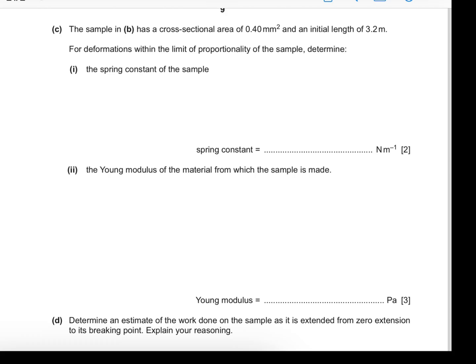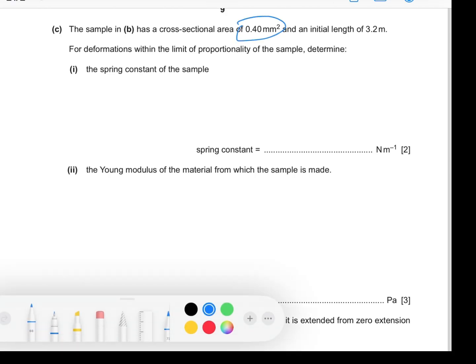C. The sample in B has a cross-sectional area of 0.40 millimeter square. We'll also, of course, for calculation purposes, convert this from millimeter squared to meter squared. And for that, you will need to divide this value of 0.40 by 1,000 squared.